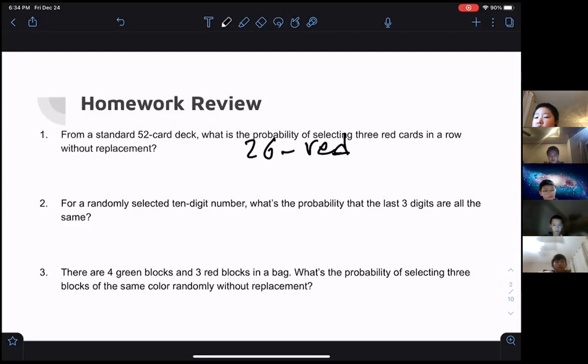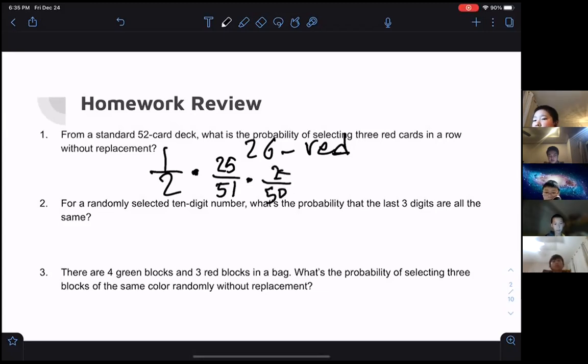Probability the first one you select is red is 1/2, obviously. For the second card, there are 25 red out of 51 total. And then for the third selection, there are 50 cards left, whereas there are 24 red left.